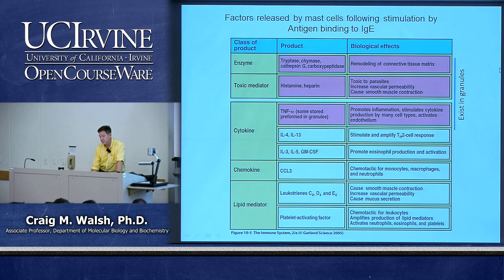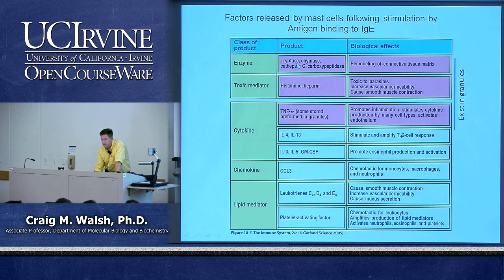All right, so some of the factors that are present in these mast cells, these guys here in red, are the ones that actually exist in the granules. Some examples of those: there are certain enzymes that are involved in remodeling of the tissue matrix. So they basically are trying to modify the matrix and that connective tissue to allow the appropriate immune response to take place.